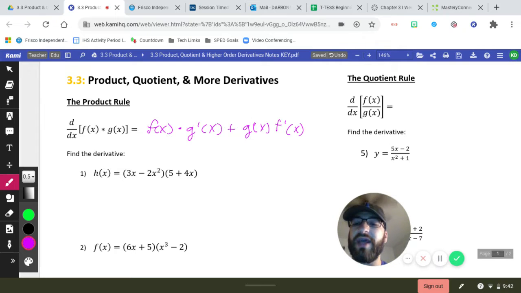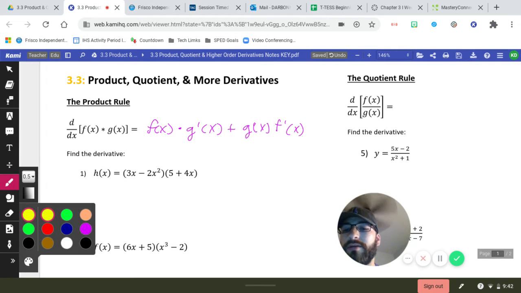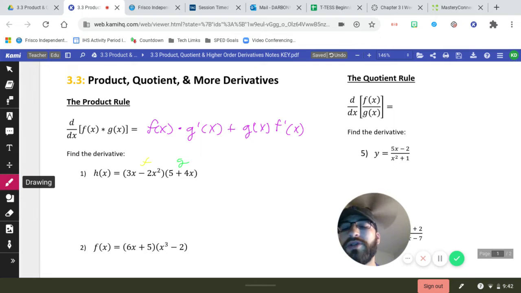So h of x, we have 3x minus 2x squared, and 5 plus 4x. Just to make things easier, let's call our first one f and our second one g. What would my derivative of f be? I'm just going to take both of these functions' derivatives separately, and then I'm going to apply that product rule. So the derivative here: 3x becomes just 3.